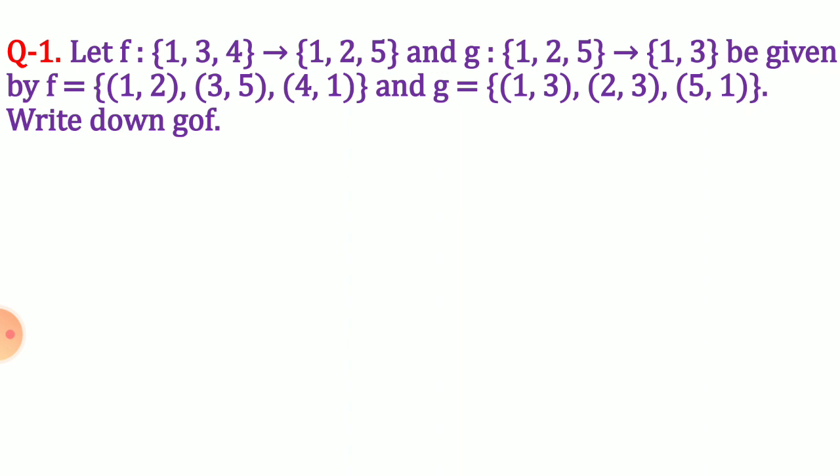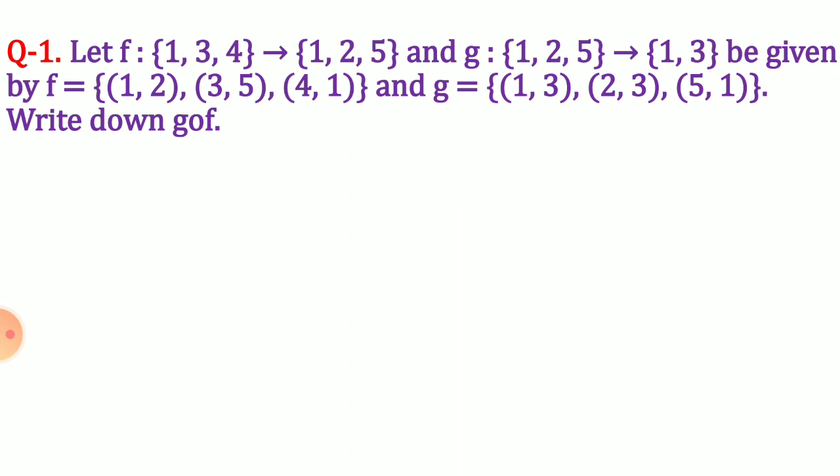Okay, so first of all, here suppose A = {1, 3, 4} and B = {1, 2, 5}. Here function f from A to B, f = {(1, 2), (3, 5), (4, 1)}.